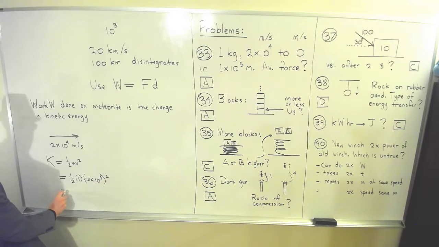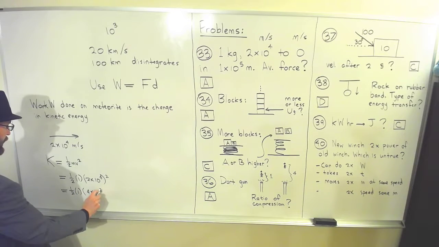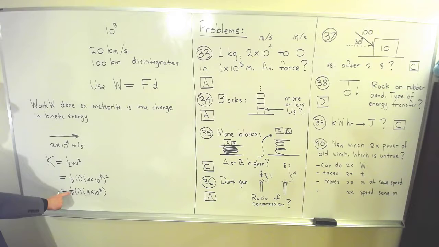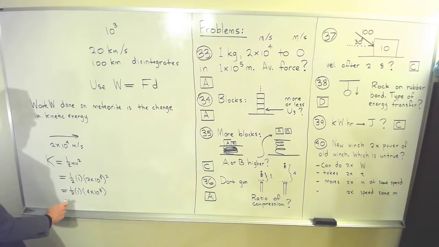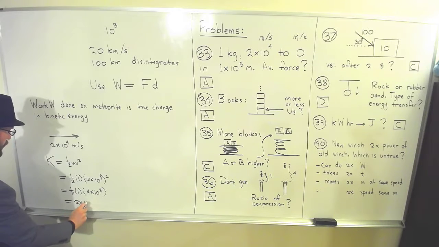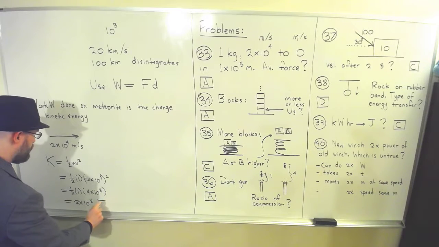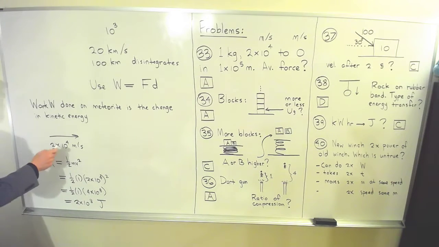So that's 1/2, 1, and then 4 times 10 to the 8th. The 1/2 and the 1 and the 4 will all go together to give you 2. So this is going to be 2 times 10 to the 8th. That's the kinetic energy, measured in joules, when it first hits the atmosphere.